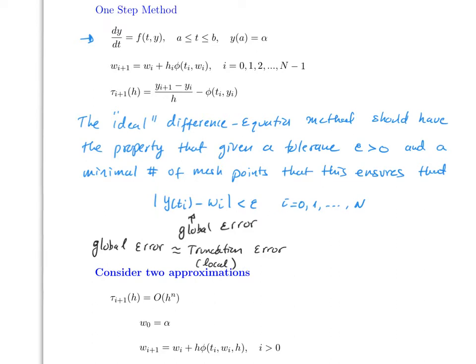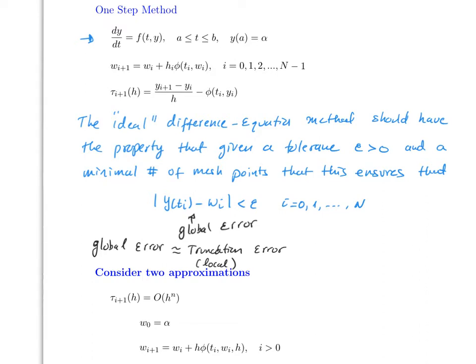And that's where we're going to go next. Also note that if you want to control the global error and also have a minimum number of steps, that's impossible to achieve if you have a fixed value of h.